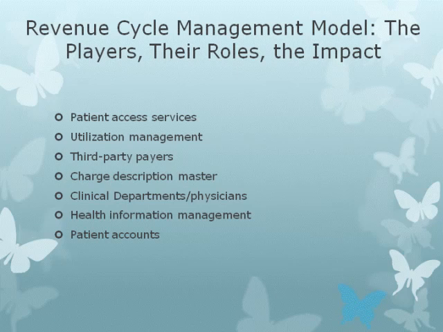Basically, patient access units schedule patients for services and also do insurance verification. Utilization management is between two nurses, one at the insurance company and one at the facility, and they communicate back and forth about the patient status to see if they are receiving the proper care that they should be for their illness.